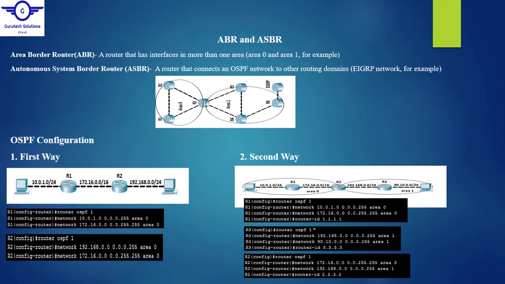ABR and ASBR: area border router and autonomous system border router. Very important concept in OSPF. So guys, suppose a router has interfaces in more than one area, let's say area 0 and area 1, or area 0, area 1 and area 2.